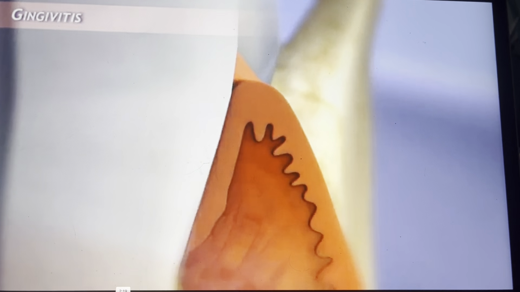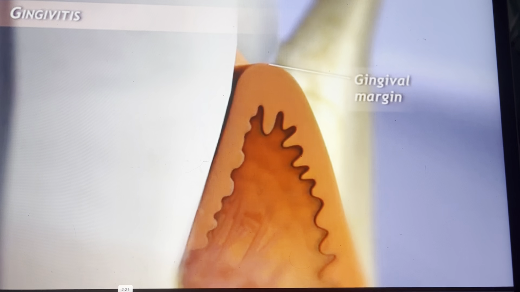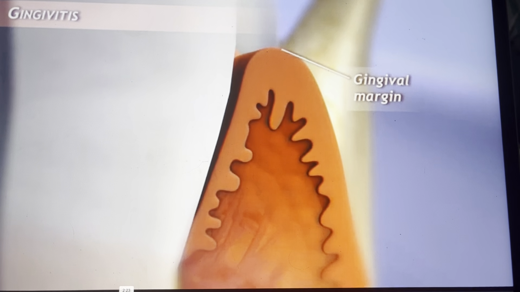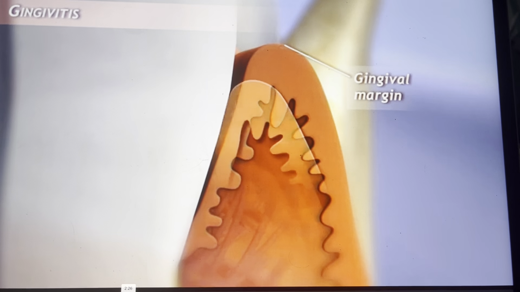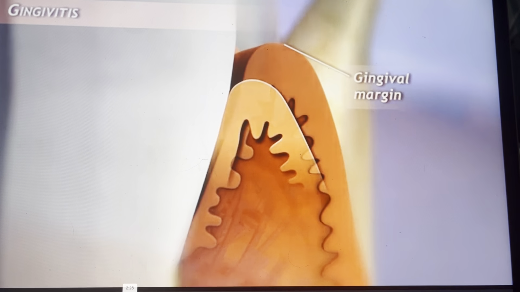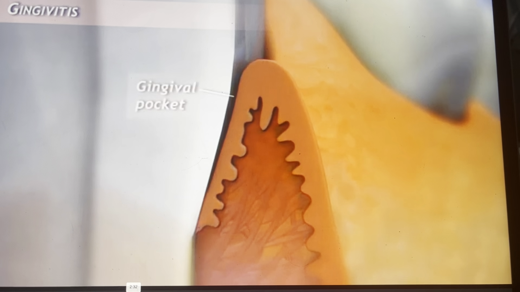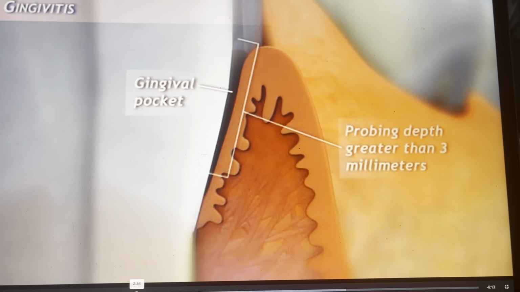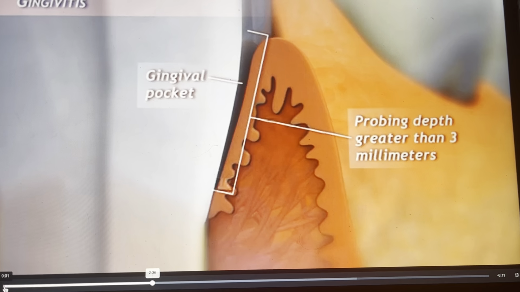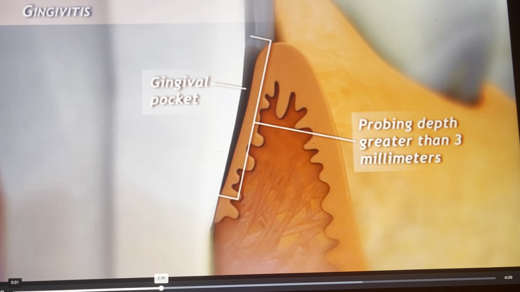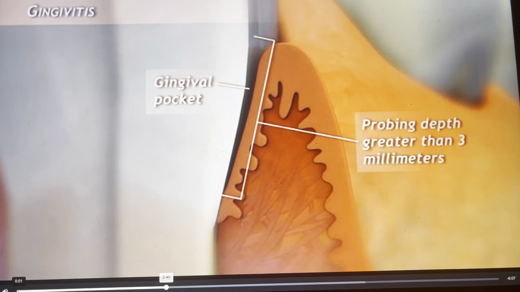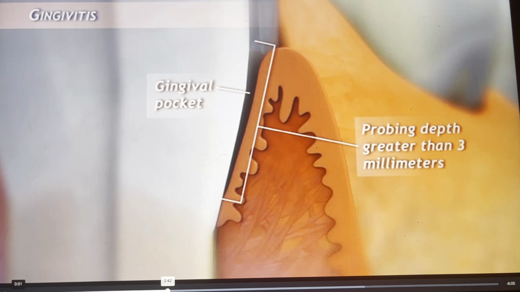Frequently, tissue enlargement due to swelling or fibrosis causes the gingival margin to cover more of the crown of the tooth. This tissue enlargement of the gingival tissue produces a gingival pocket with a probing depth greater than 3 millimeters. This increased probing depth is caused solely by enlarged gingival tissue.